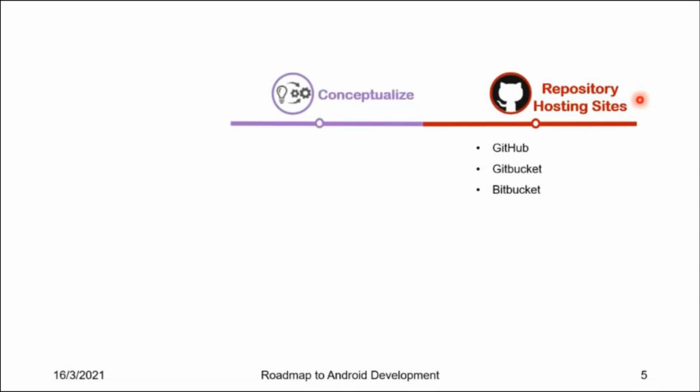The next step is conceptualizing your project. Let's say you have the idea in mind. Now what most programmers do is that they directly start coding. But before you start coding, it is important to conceptualize what your app would look like. So basically think how you want your application to look.